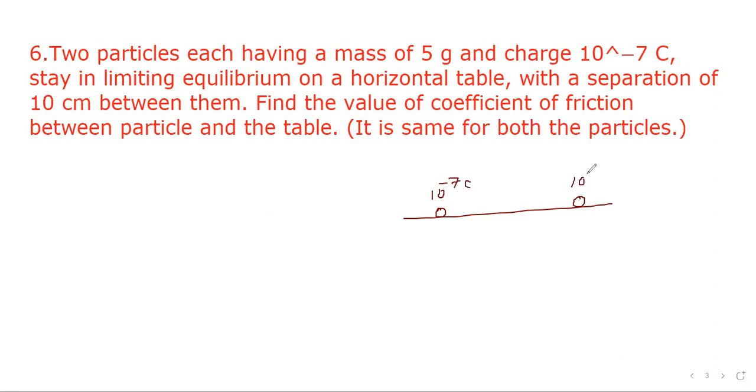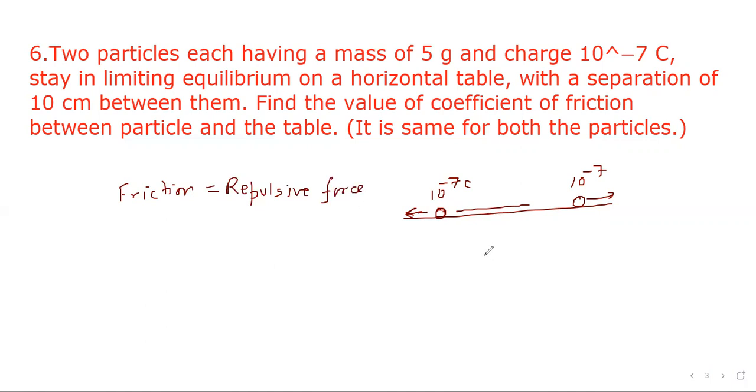This has charge 10 power minus 7 coulomb. So there will be a force of repulsion. In this direction, the force will act. Now, to counterbalance this force, there is a friction. If friction is equal to repulsive force, in that case, the particles or masses will not move.